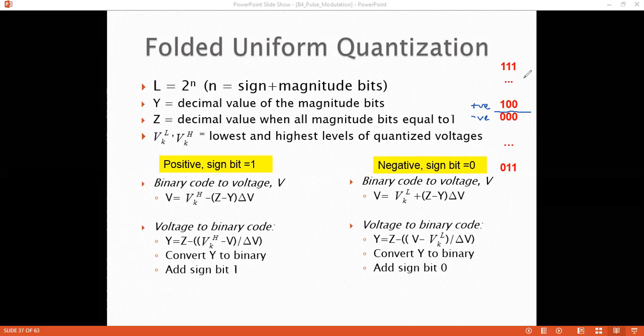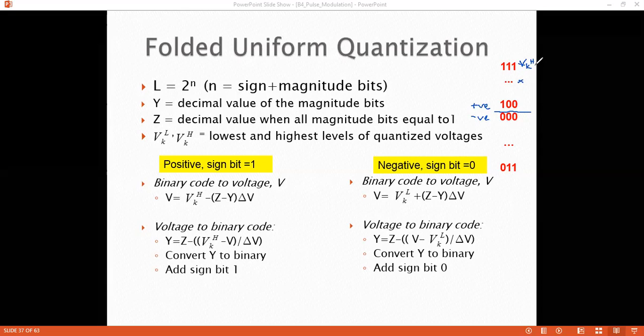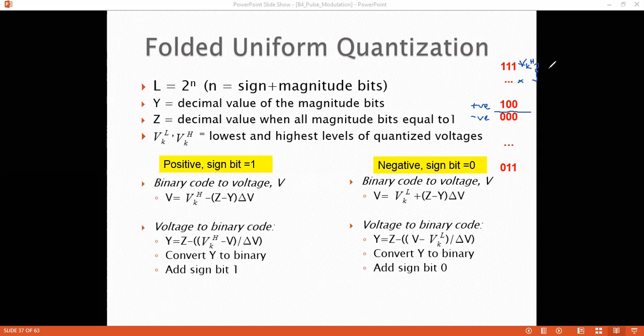If our voltage is somewhere around this, we start with VKH, on top. And then the difference is Z minus Y times delta V. So VKH minus Z minus Y times delta V, then we get the quantized voltage at this point.